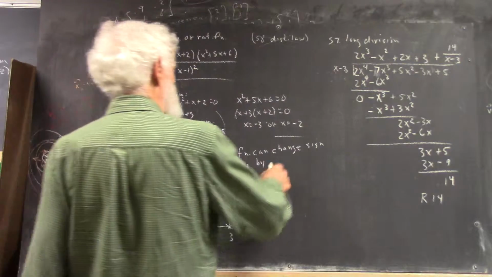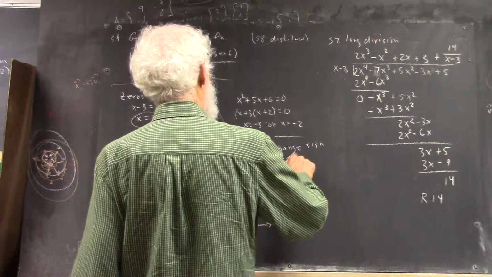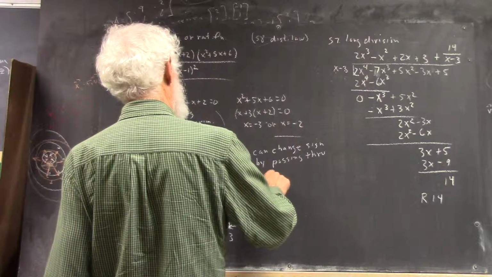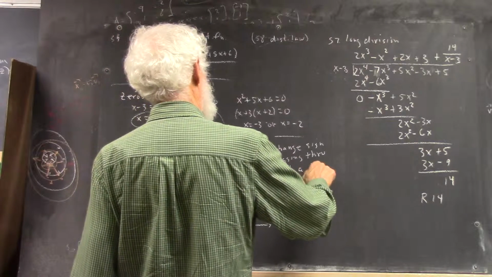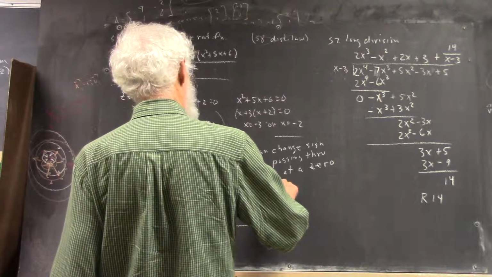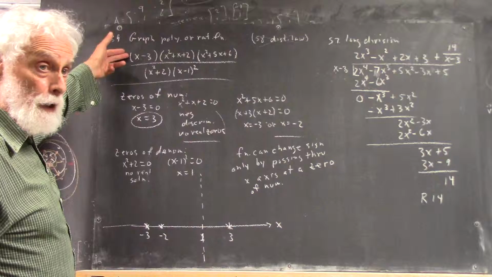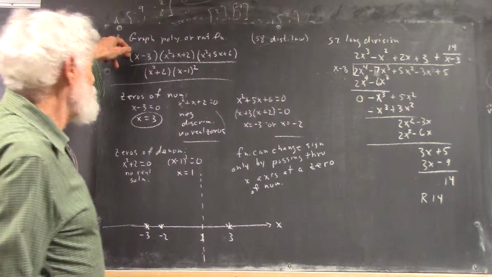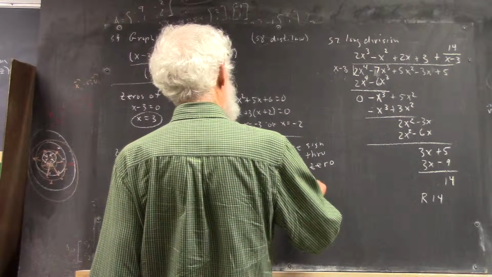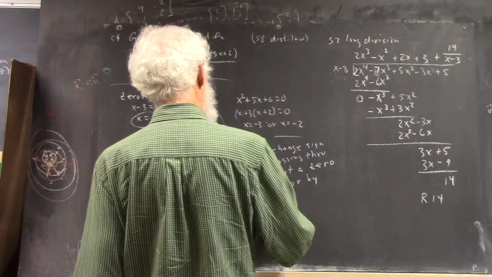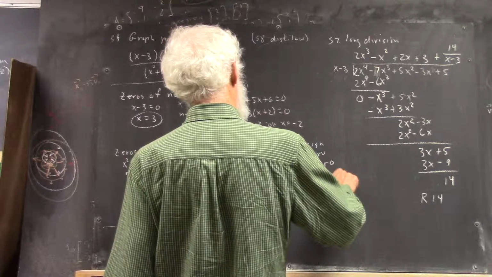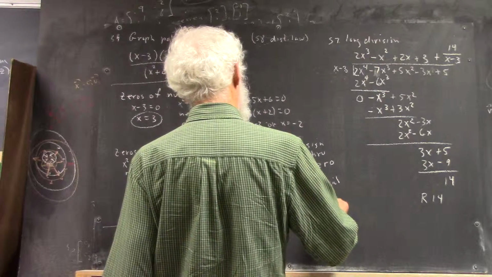It can change sign only by passing through the x-axis at a zero of the numerator, because of course the zeros of the numerator are the only x values that make the entire fraction 0, or by crossing a vertical asymptote.